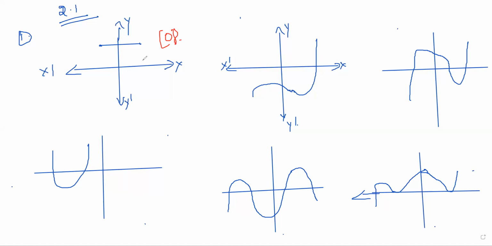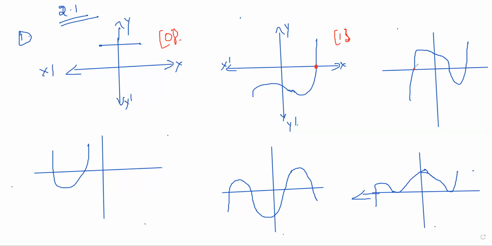The x-axis is not cut at any point. Come to the second one. Here the curve is cutting the x-axis at only one point. Right, children? So the answer is 1. Number of zeros is equal to 1.